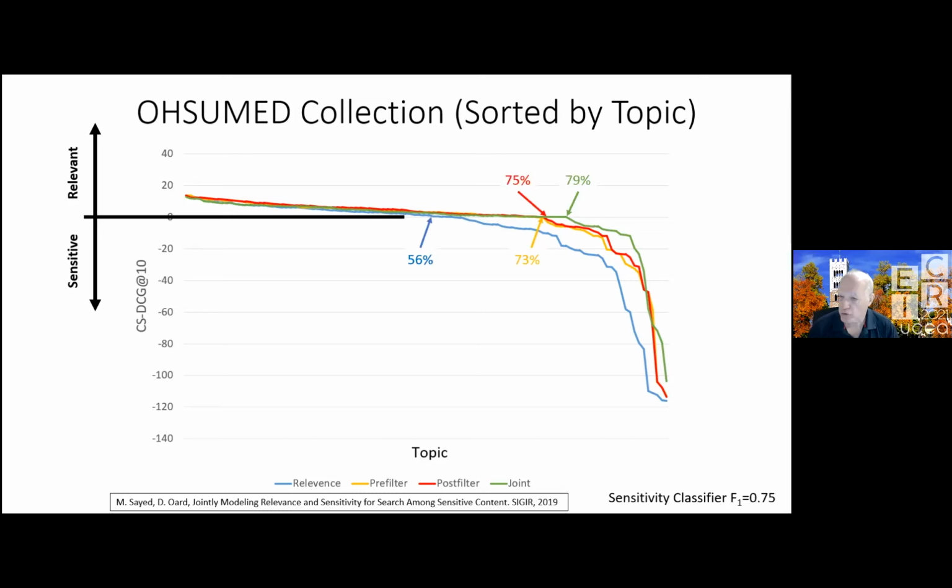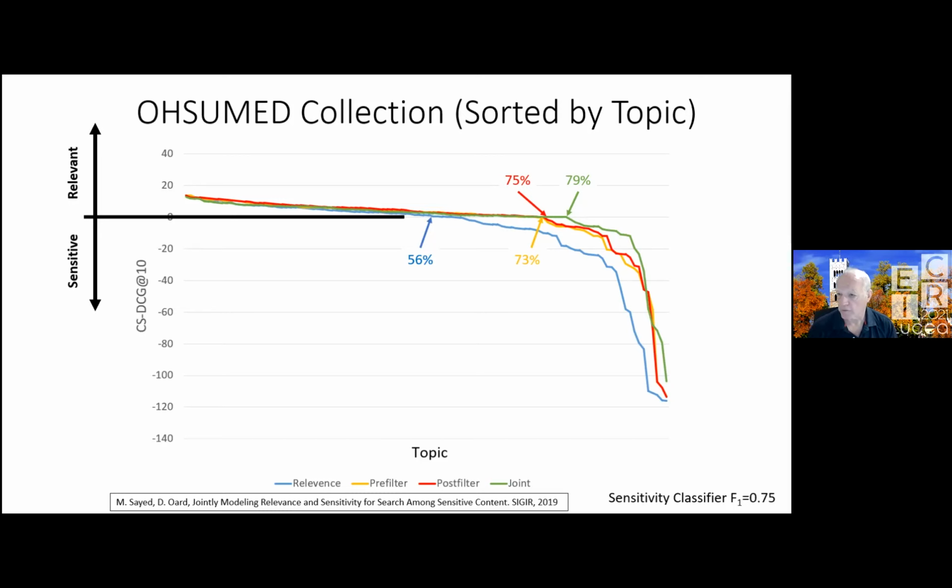A number to pay attention to is where it crosses zero, because when it crosses zero, if we've set the costs correctly for good and bad, for relevance and sensitive, to reflect our actual application, then the percent of the queries or topics on which we're doing badly is the thing to look at.